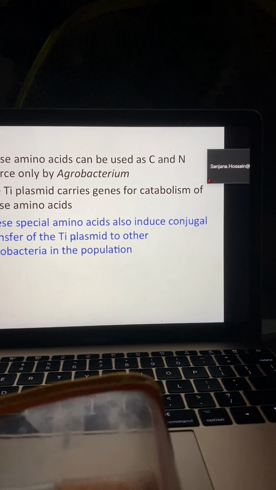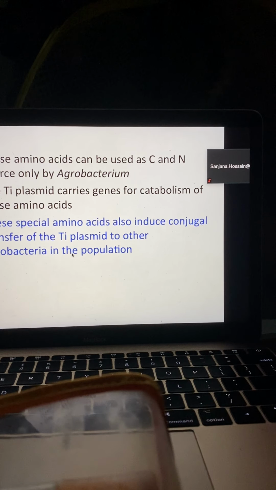the Agrobacterium tumefaciens containing the Ti plasmid have a selective disadvantage in the presence of other bacteria in the soil. Remember, Agrobacterium is a soil bacterium, normally lives there very happily, doesn't have to be in the plant. But if it has the Ti plasmid, then other bacteria produce a toxin that will kill Agrobacterium.